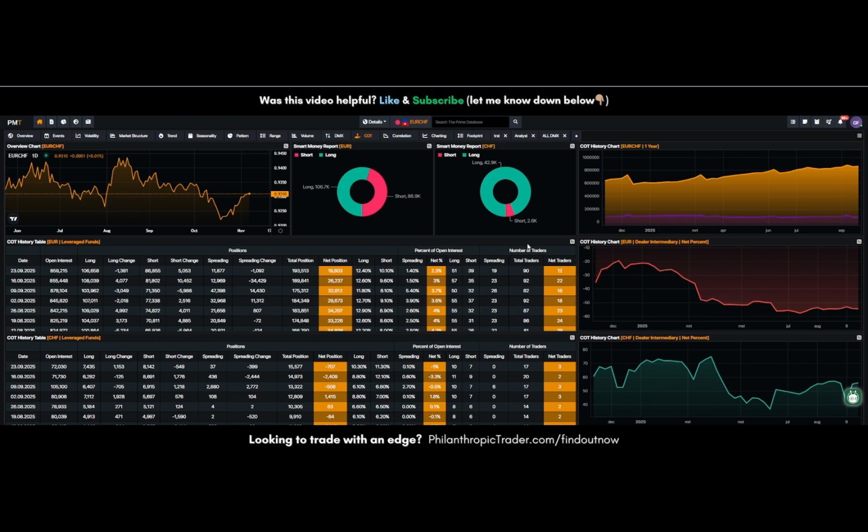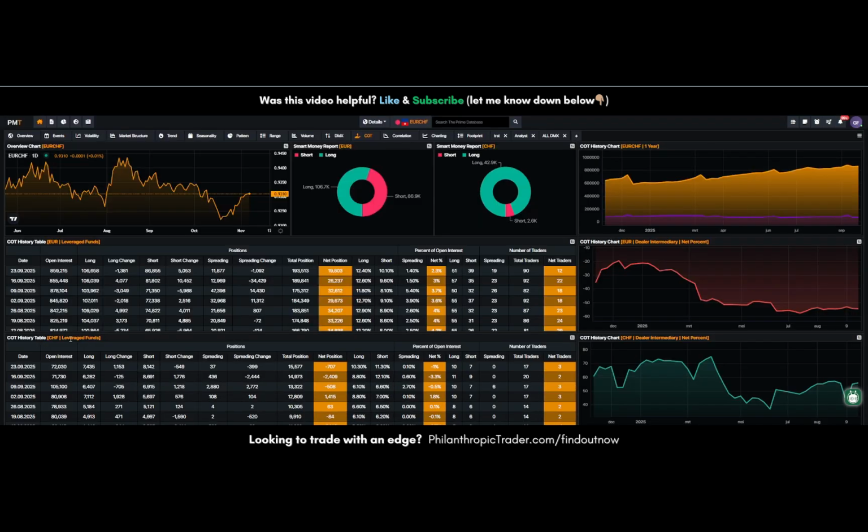And over here we see leverage funds, so that is basically the short-term version of all the 4 categories. So dealer intermediaries, long-term, asset manager, long-term, non-reportable, long-term, and these are the proprietary firms and the small hedge funds and all that, and they have the most impact in the short term, for example.